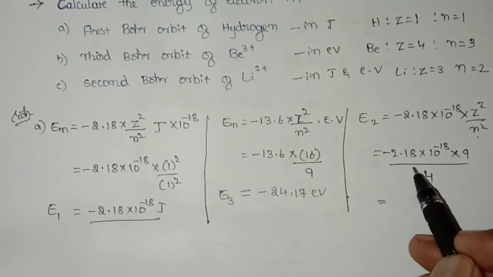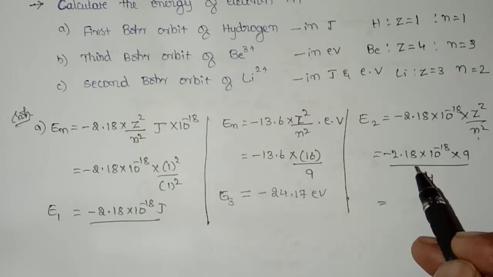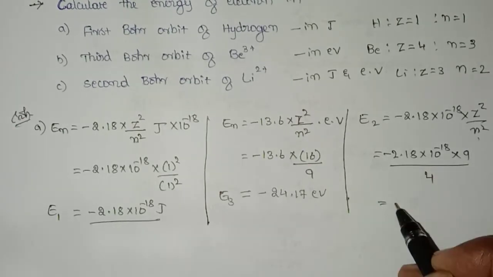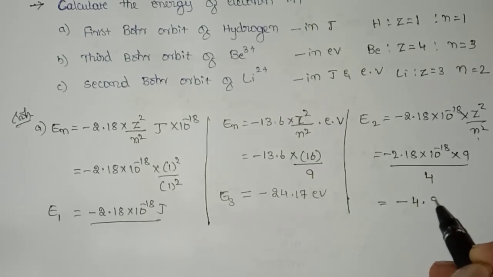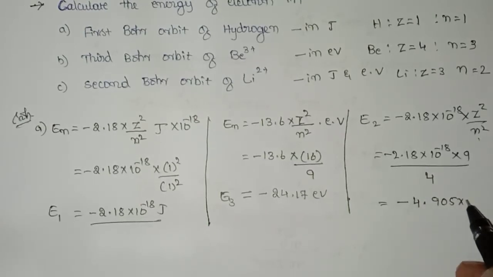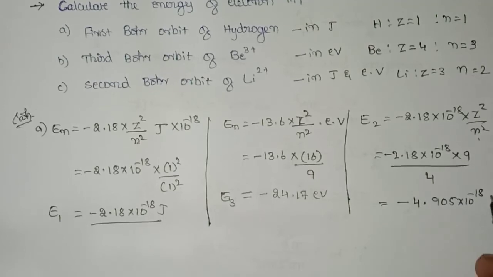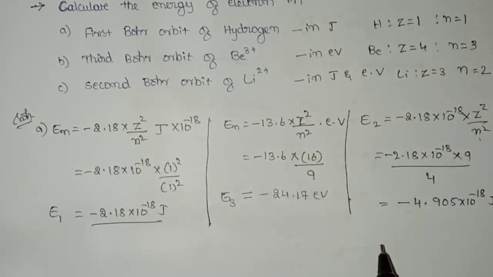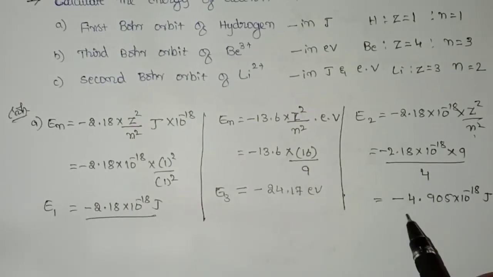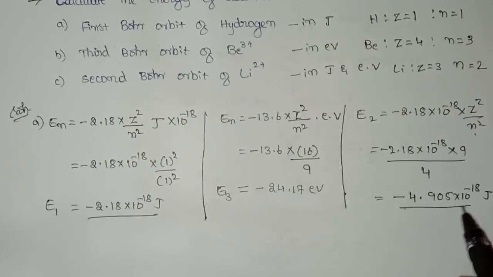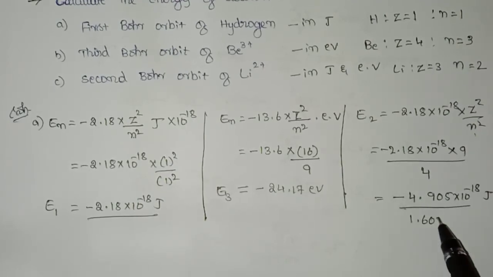If you calculate these values, the answer is minus 4.905 into 10 to the power of minus 18 joules. And we can express the same in terms of electron volt by dividing this by 1.602 into 10 to the power of minus 19.